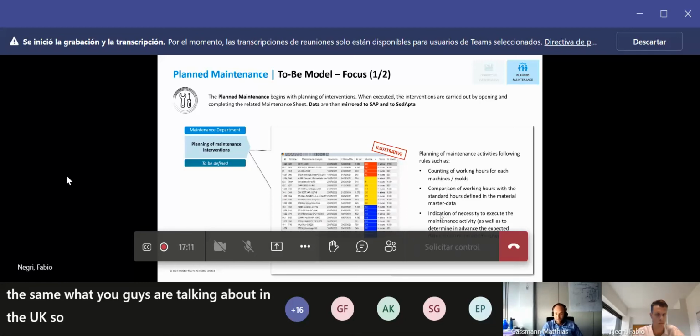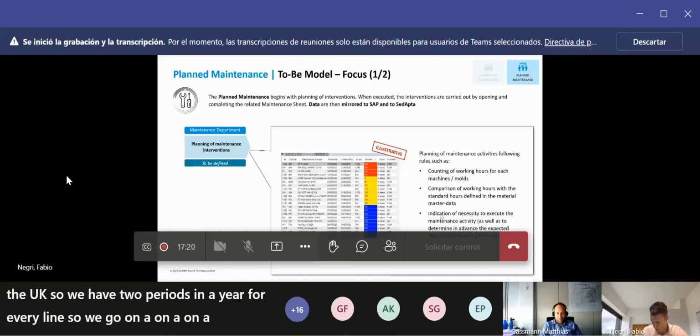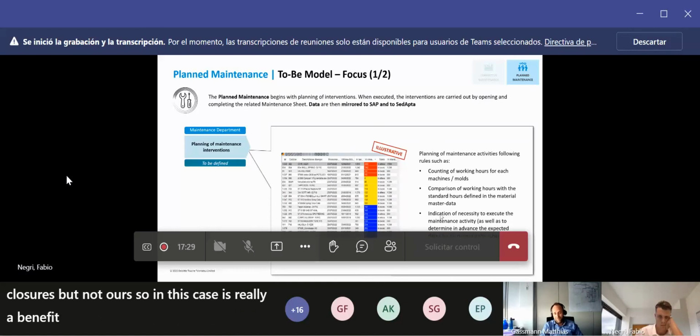We have 2 periods in a year for every line. So we go on a maintenance, but we are not counting hours, the only thing we are counting are closures, but not hours. Okay. So in this case, it is really a benefit to have the real run hours available.